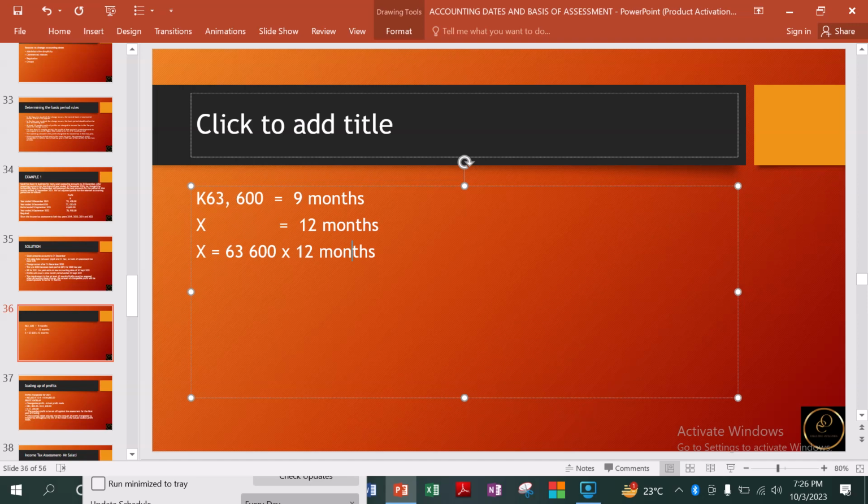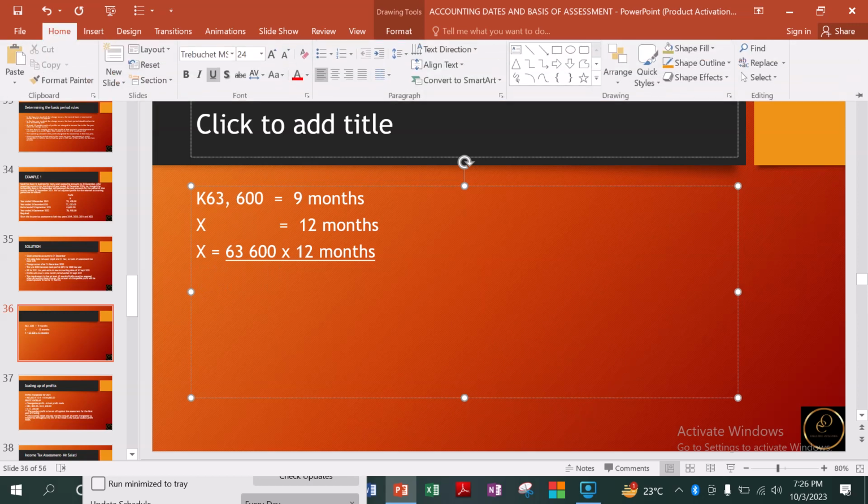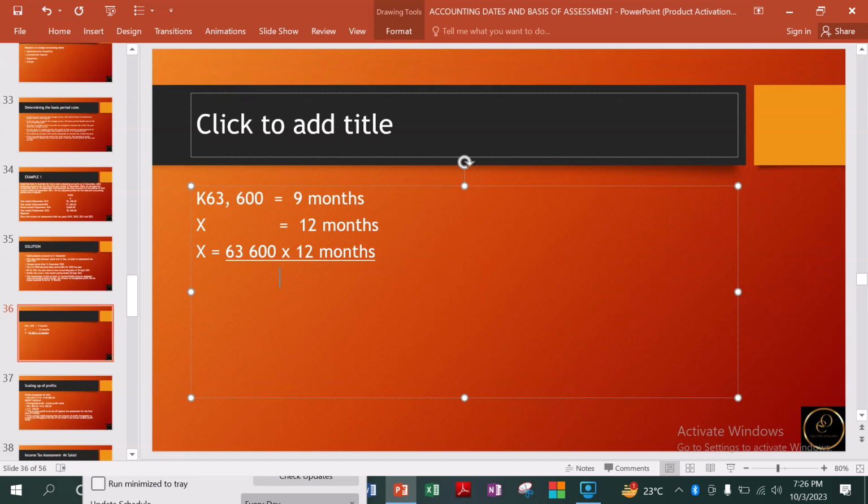Then you divide by 9 months. Basically, that's what you are doing. Divide by 9 months.